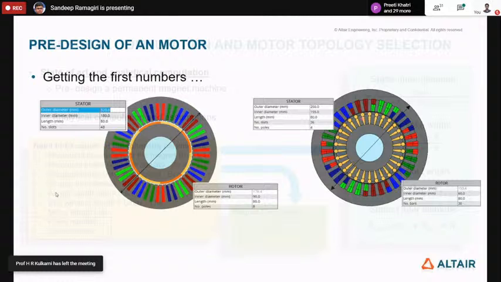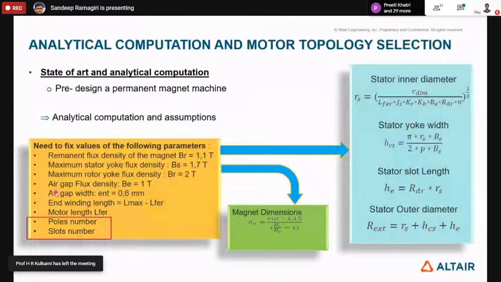Here you can see the state-of-the-art analytical equations targeted for permanent magnet machines. First, we need to fix the values of the following parameters, as you can see on the left side. We need to assume the remnant flux density of a magnet, maximum stator yoke, maximum rotor yoke, air gap flux density, air gap width, and winding length, end winding length.